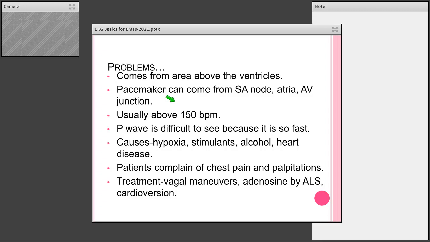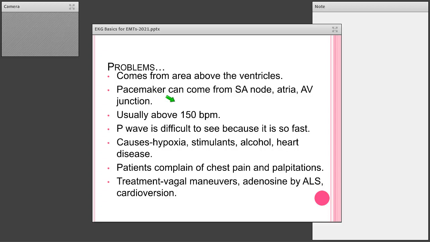If that doesn't work, then an ALS provider will give a medication called adenosine, and they obviously give that by IV, and it has a very short half-life, meaning you need a large bore IV in the AC so that it doesn't take a whole lot of time to get to the heart to have its effect.